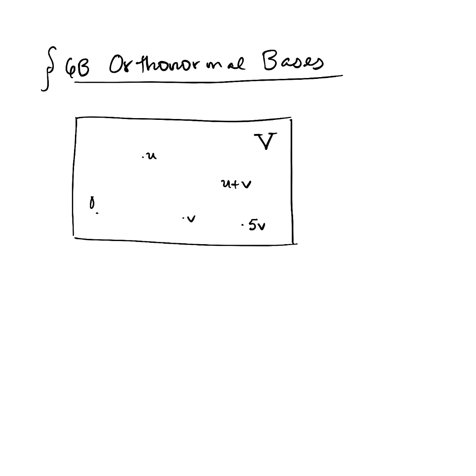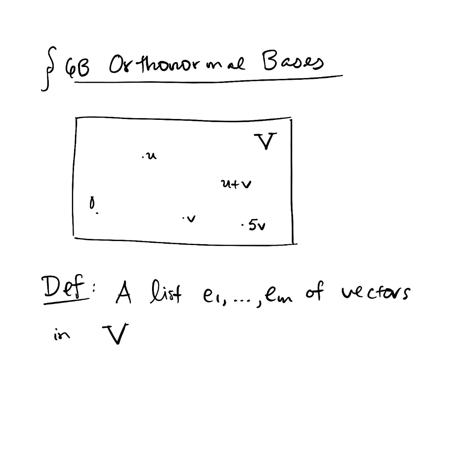Okay. Certain collections of vectors inside this box are particularly appealing. And it leads to our first definition in 6b. Definition: a list E1 through EM of vectors in V is called orthonormal.